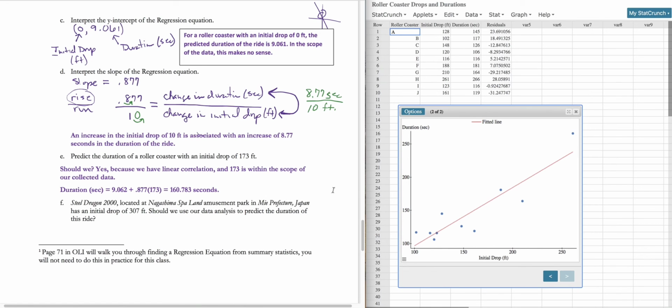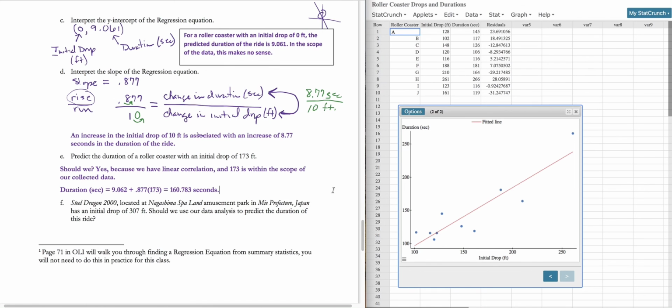All right, our last question. Did a little research. The Steel Dragon 2000, located at Nagashima Spa Land Amusement Park in Mie Prefecture, Japan, has an initial drop of 307 feet. Should we use our data analysis to predict the duration of this ride?